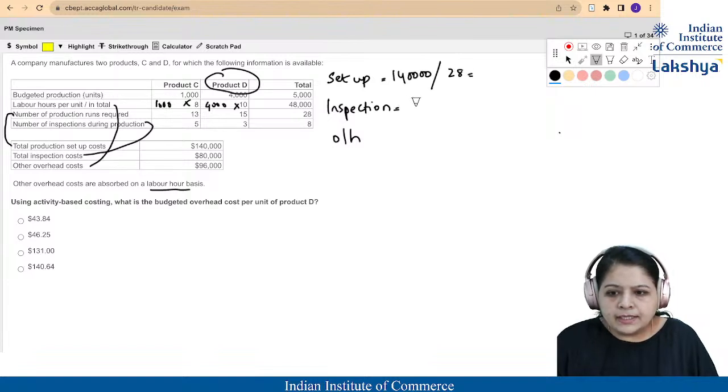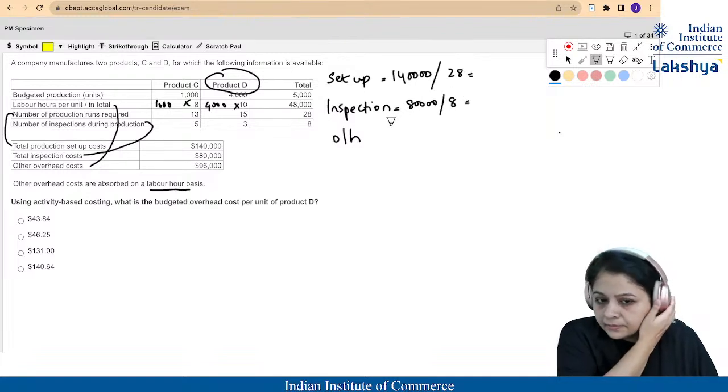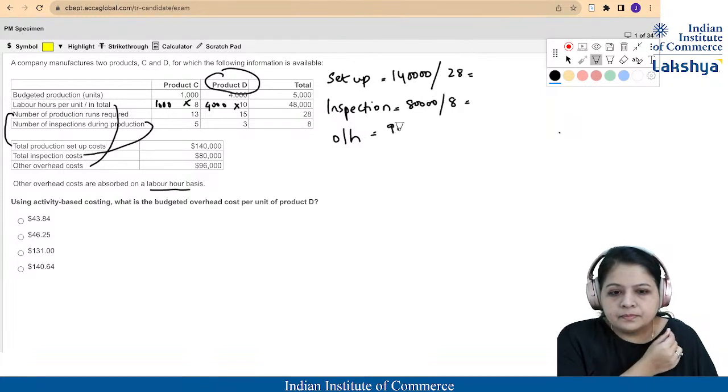Inspection is 80,000 divided by the inspections, 8. And overheads are 96,000 divided by 40,000 here and 8,000 here, so 48,000.